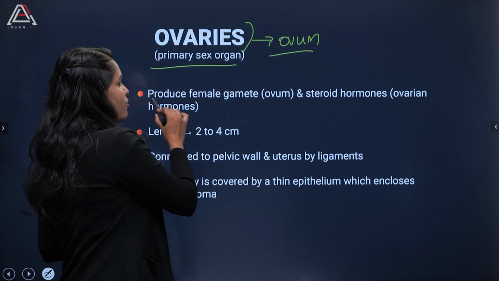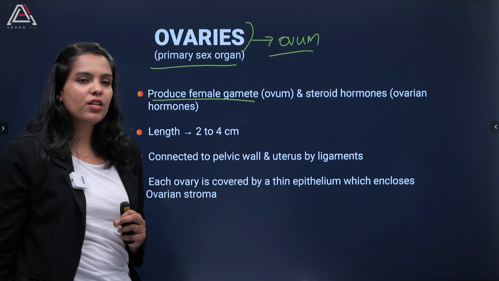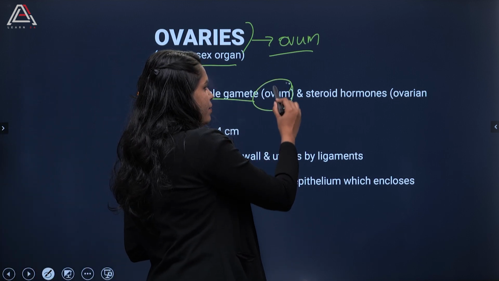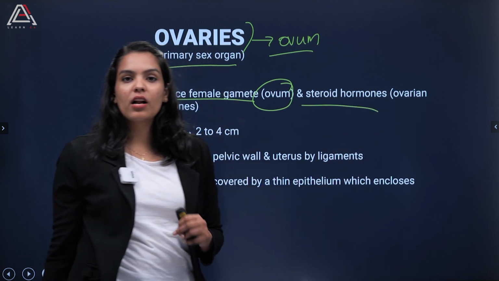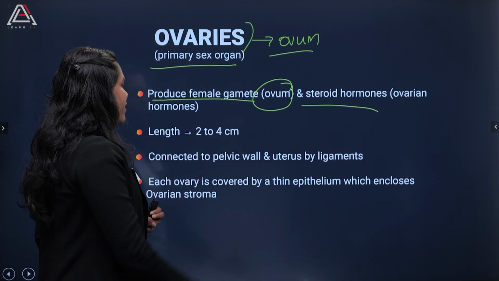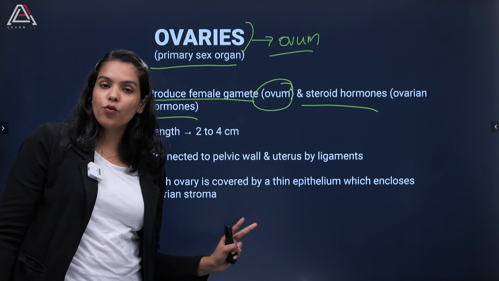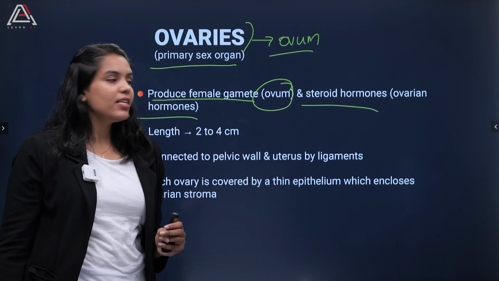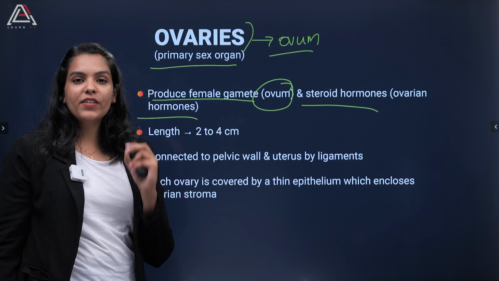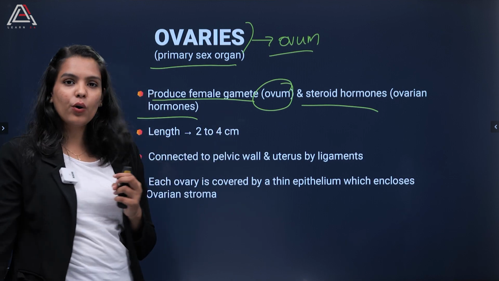It produces the female gamete, the ovum, and also a steroid hormone, which is called the ovarian hormones.